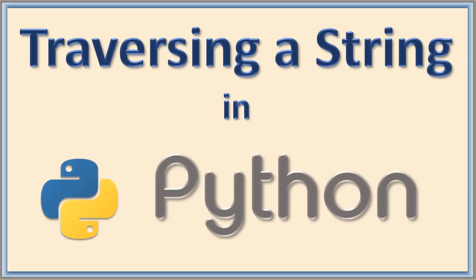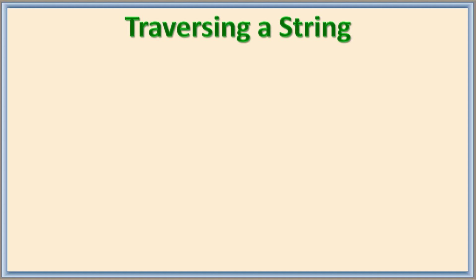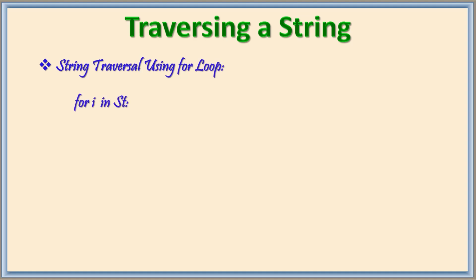Traversing a string. Traversing a string can be done using two different ways. One is directly the sequence given in the for loop, otherwise we can also have the index numbers of a string. Let us see how this for loop works. For I in st, here I is the loop variable and st is the string sequence. Here for example I have taken st as blackboard.